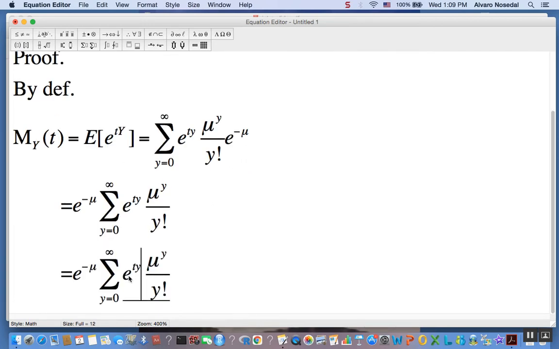So instead of e to the power tY times mu to the power of y, we are going to have this: e to the power t, and then we combine these two terms. It's the same, but that is going to give us a different perspective on this problem. Let me just make it look nicer. That's the same.